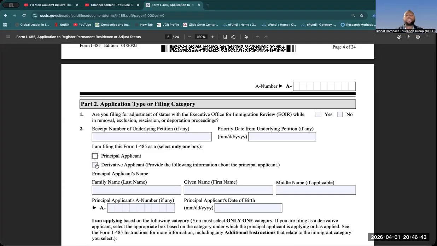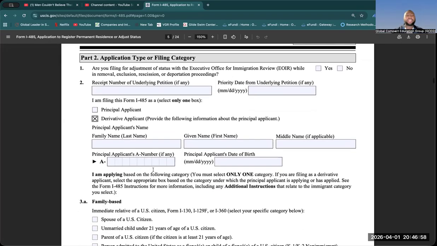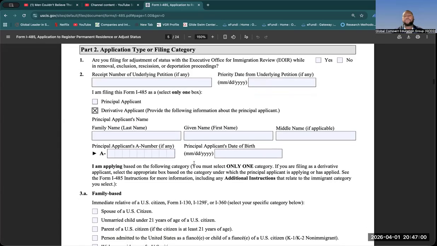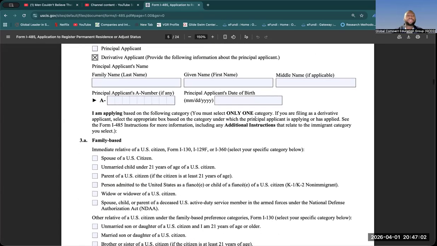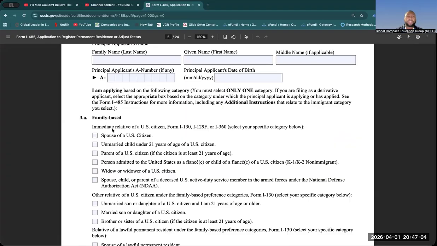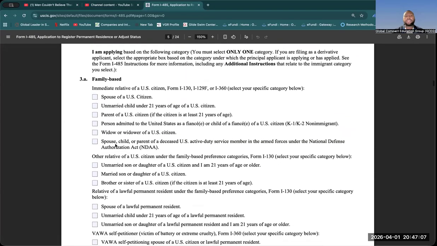If you are the one who applied for the I-140, then you are the principal applicant. If you're the derivative, then you put here the names of the principal applicant and their A number, date of birth. So you don't complete this part because this is family based.